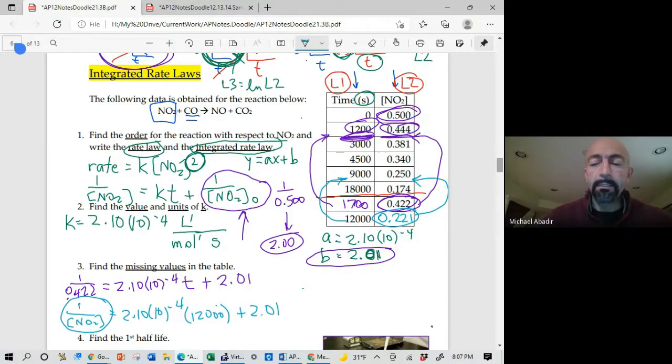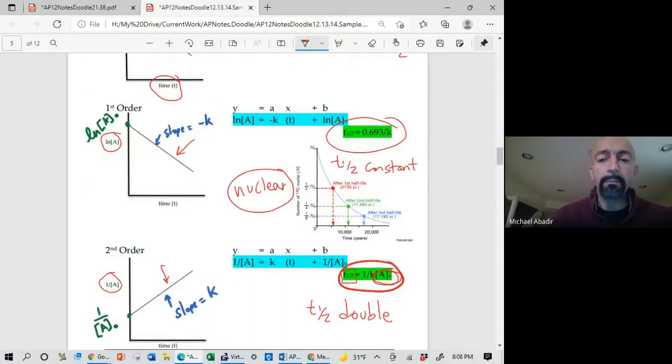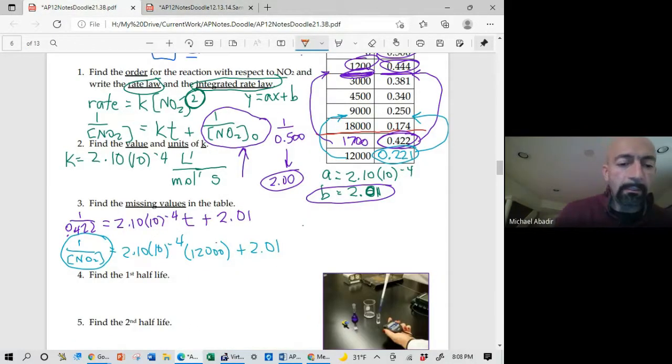Okay, last but not least, we're going to go to the half-lives. So half-life is how long it takes for half of it to react. So remember, in the equations, we have half-life is equal to 1 over ka0 for second order. So you have to pick the right green highlighted formula for the right order. So that's going to be the equation 1 over ka0.